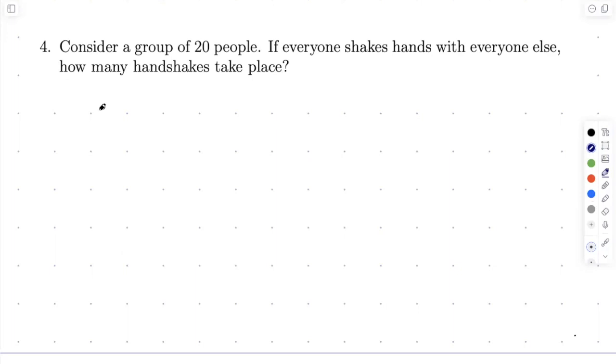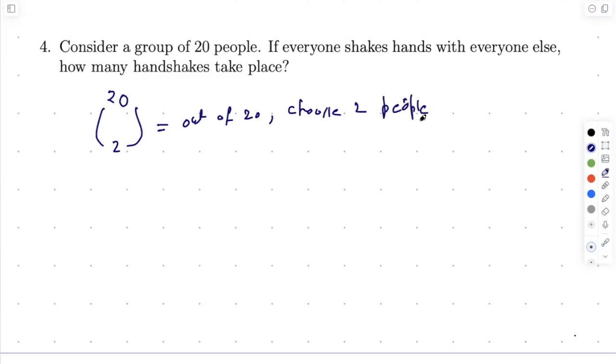The answer is, if 20 persons are there, you just choose any two persons from there. They can shake the hands. Out of 20 people, you choose two people. The number of possibilities you will have is going to be the number of handshakes.